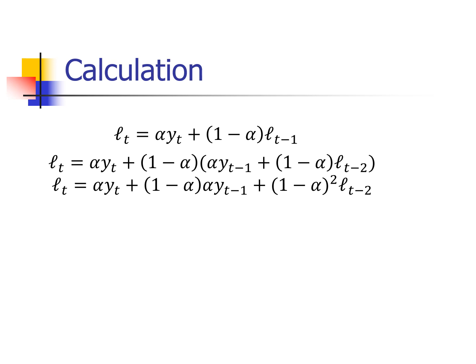And then in the third line, I group things up. Now my equation shows that the level at time t depends upon the observation at time t, the observation at time t minus 1, and the estimate of the level at time t minus 2.